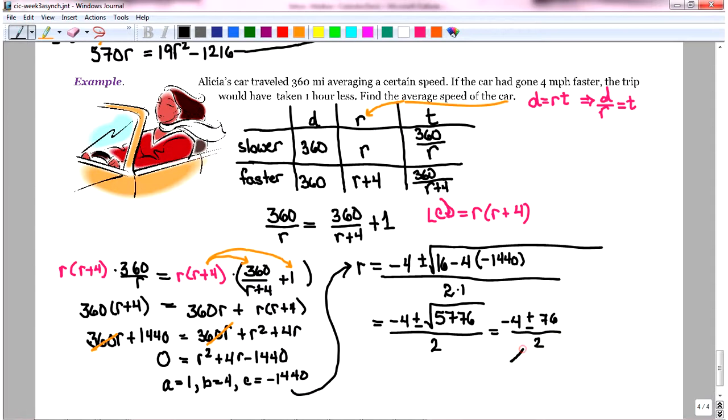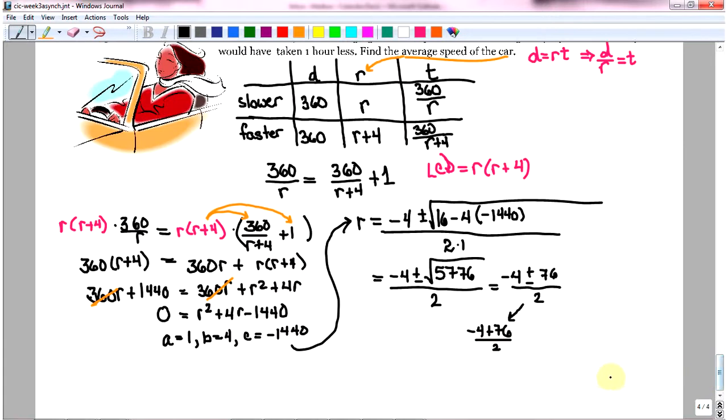So now we come up with our two answers, negative 4 plus 76 over 2, and that simplifies to 36. Or we can have negative 4 minus 76 over 2.